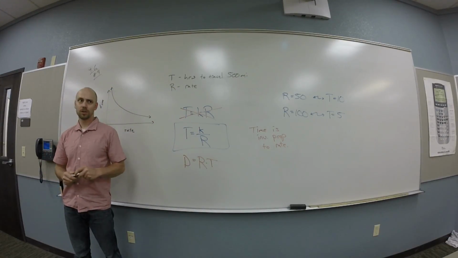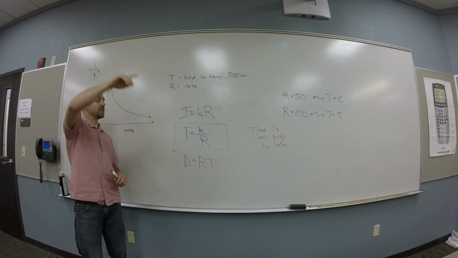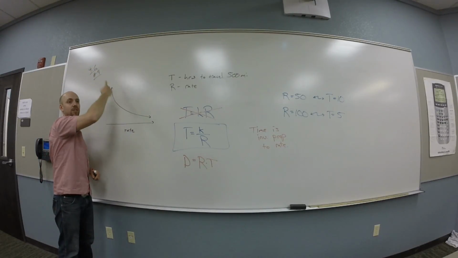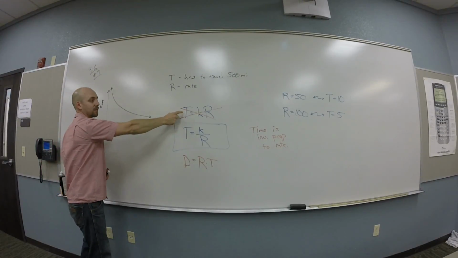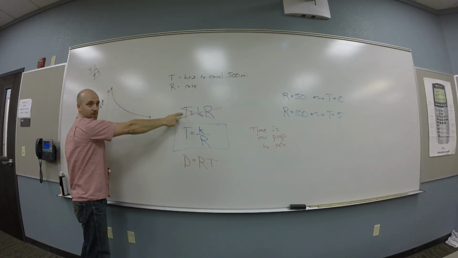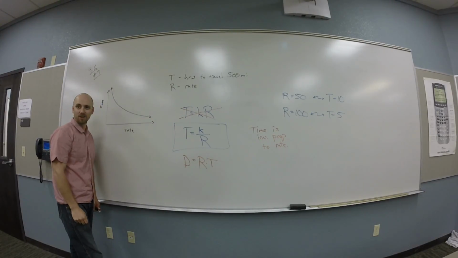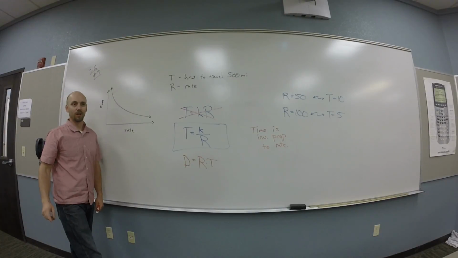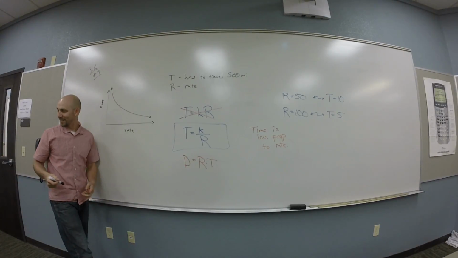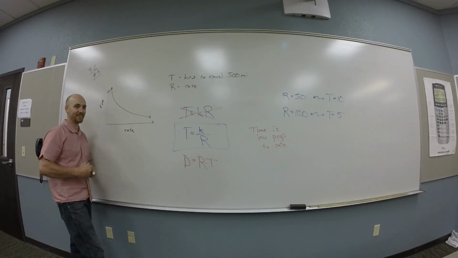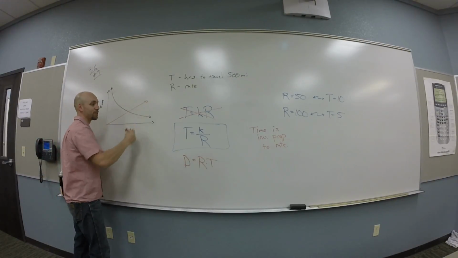Cool. Questions, please? You can see this right here. This is a 1 over kind of a thing. If it was following this proportional relationship, what would the picture look like? Yeah, more of a direct increase, which we know and love as a line, a straight line, actually through 0.